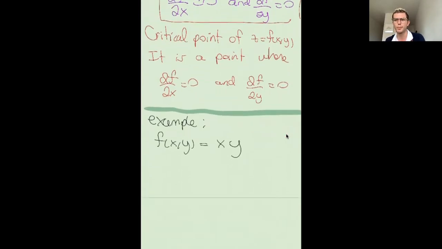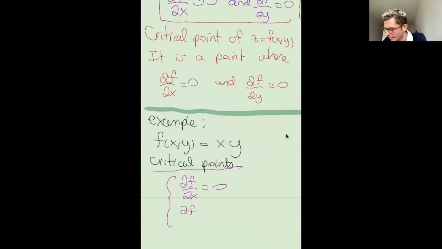What are the critical points? Well, the critical points are obtained by solving the partial of f with respect to x equals 0 and the partial of f with respect to y equals 0. So you always need to solve a system of two equations for these problems.